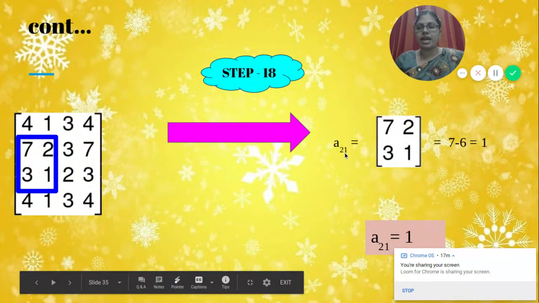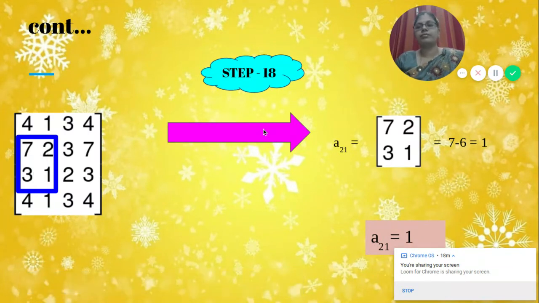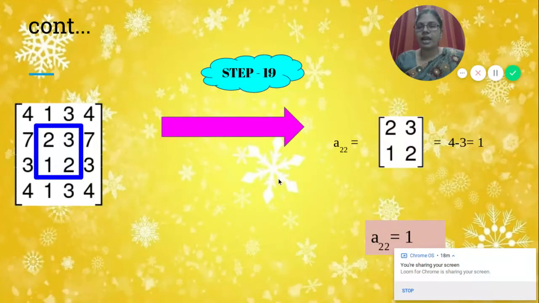To find my A21, I have taken this 2 cross 2 matrix, 7, 2, 3, 1. 7 1s are 7 minus 3 2s are 6. 7 minus 6 is equal to 1. A21 is equal to 1. To find my A22, I have taken this square matrix 2, 3, 1, 2. 2 2s are 4 minus 3 1s are 3, that is equal to 1.